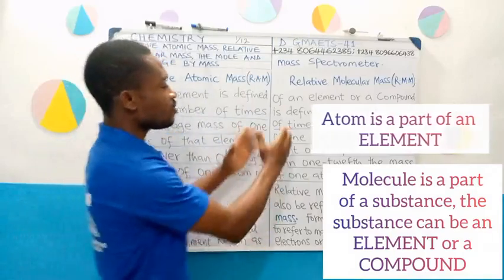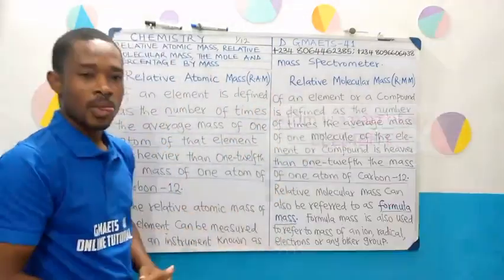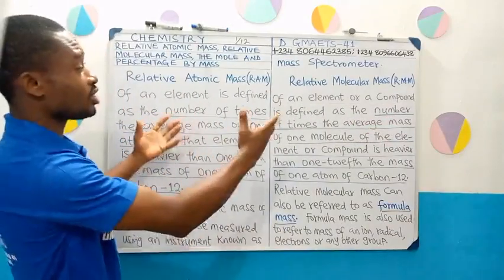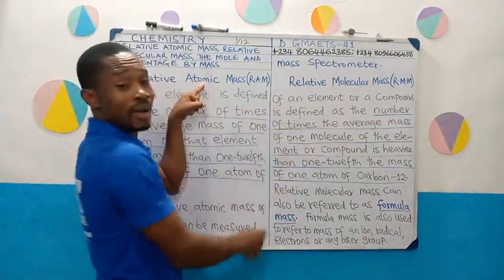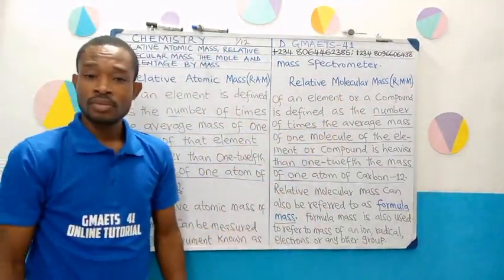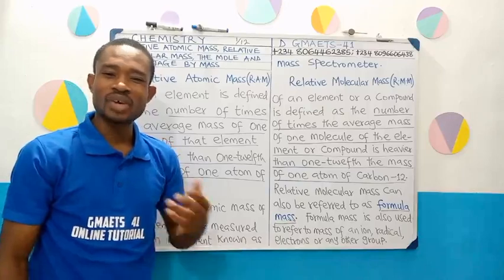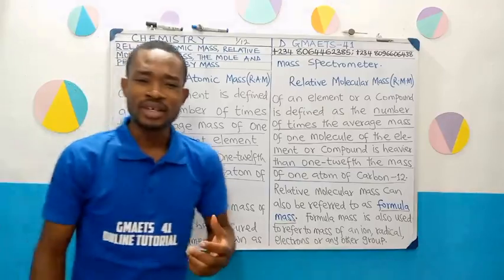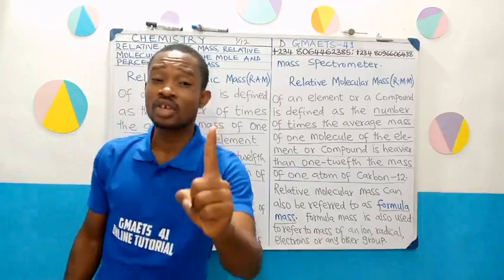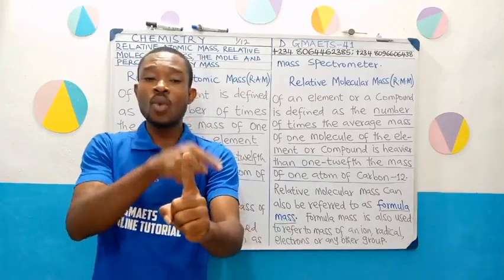Now, if you're defining relative molecular mass, the definition is similar to relative atomic mass. If you look at these two definitions, the difference is just that you're talking about atom here, and then you're talking about what? Molecule. So how do we define relative molecular mass? It is simply the number of times the average mass of one molecule, take note of that now, one what?